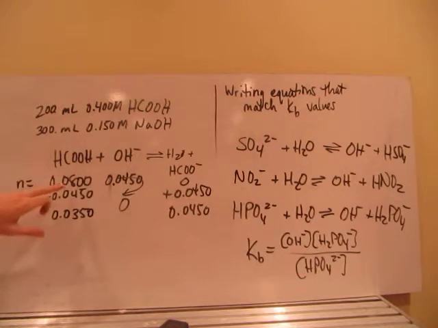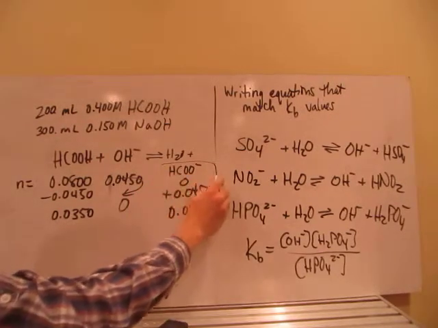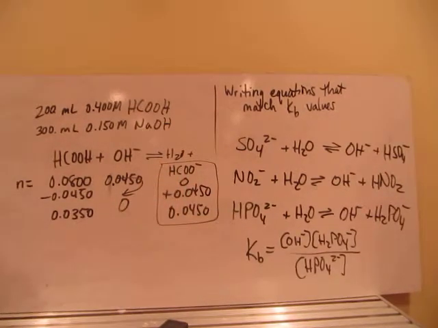So we have a number of moles of formic acid, a number of moles of formate. It might be hard to see, I'll just put a box around it.